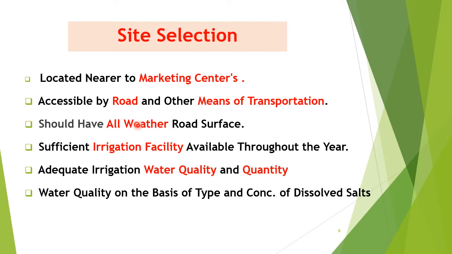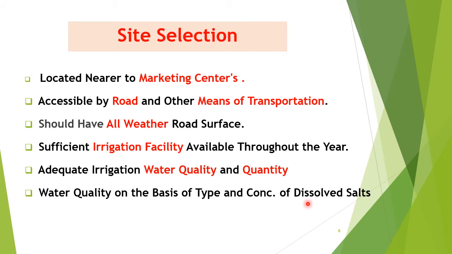Should have all weather road surface. Sufficient irrigation facilities should be available there throughout the year. Adequate irrigation water quality and quantity should be available there, because water quality is judged on the basis of the type and the concentration of dissolved salts.